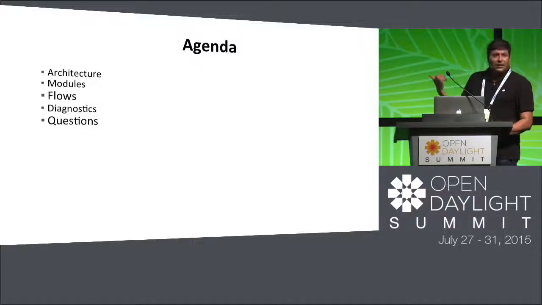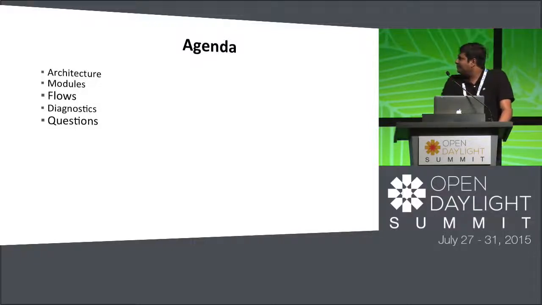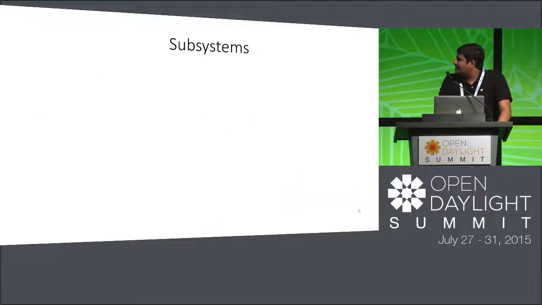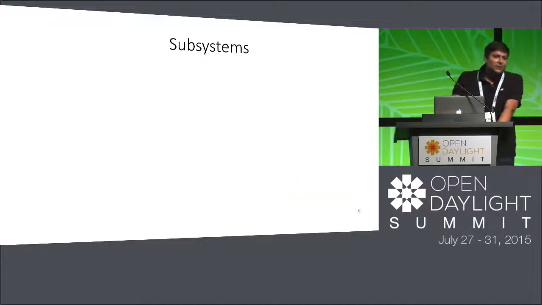So I'll start off with the architecture. Essentially, we have two subsystems implemented. If you remember Yang, or if you've been to any Yang session, there are three components to Yang. One is your data, so you have a schema where you specify what kind of data goes into your model. Then you have your RPCs, and you have your notifications.